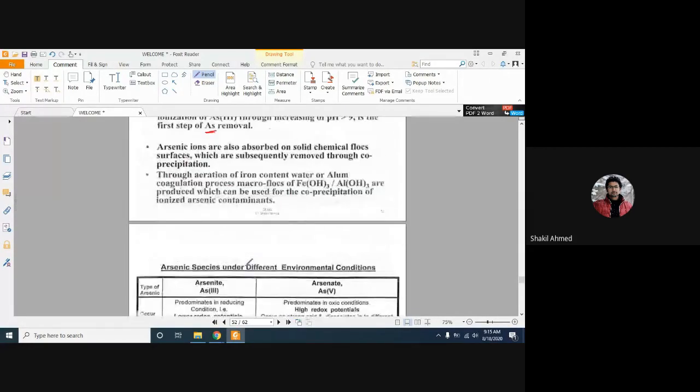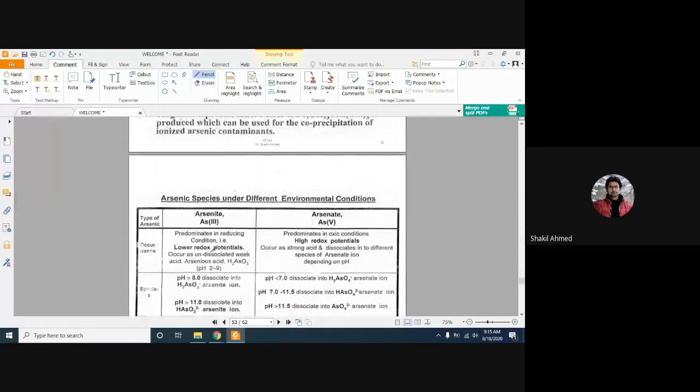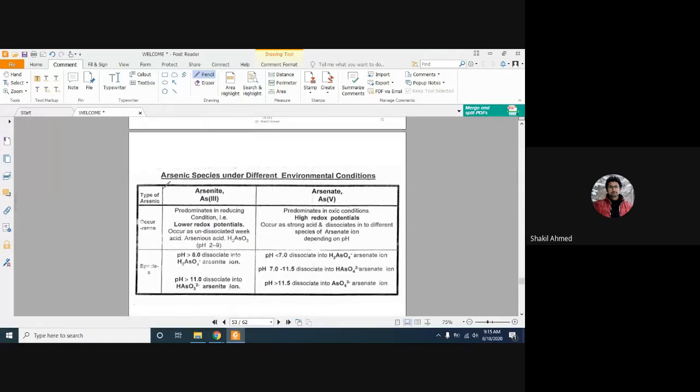So what they are referring to here is, if you look at the arsenic species under different environmental conditions, you have arsenic 3 and you have arsenic 5. Arsenic 3 is predominant in reducing conditions, with lower redox potential, and occurs as an undissociated weak acid, arsenous acid, like this.